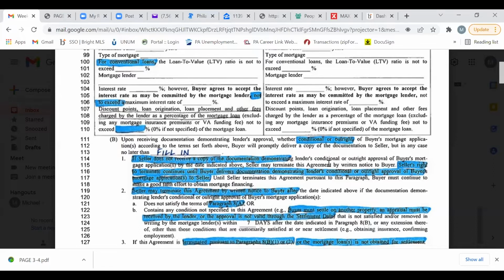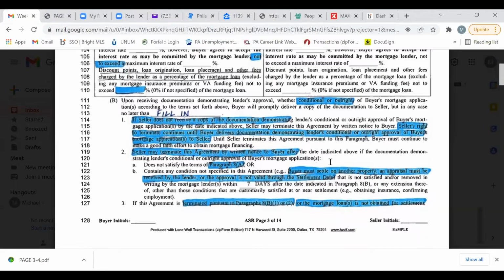Okay. Now, section 2 states seller may terminate this agreement by written notice to buyer after they've received the documentation, if the documentation demonstrating lender's conditional or outright approval of buyer's mortgage application, A, does not satisfy the terms of paragraph 8A; B, contains any conditions not specified in this agreement of sale, like the buyer has to sell another property, or an appraisal must be received by the lender, or the approval is not valid through the settlement date.